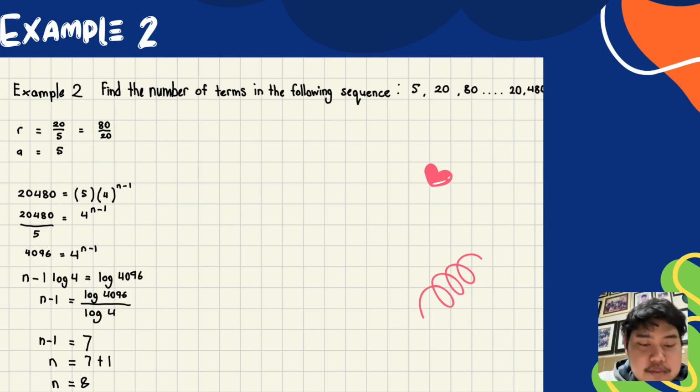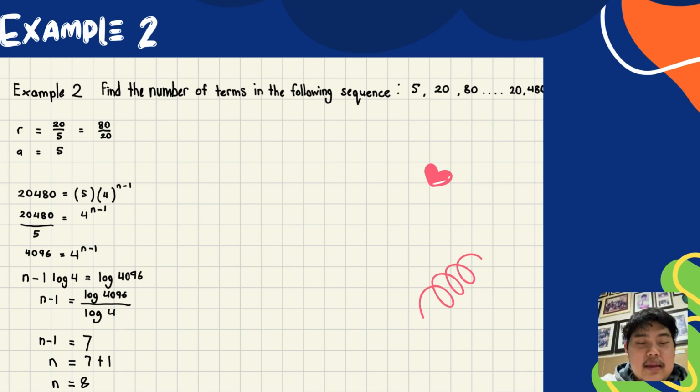Okay. So now we need to find n. So in order to make it more simple, we need to exchange both sides. So the 4 power of n minus 1, we bring to the left side, and 4,096 we're going to bring to the right side. So here, because we want to know the value of n, we need to use log.